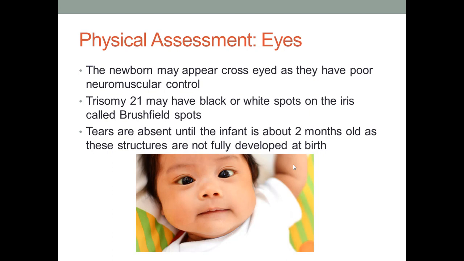These are called Brushfield spots, and they are common to trisomy 21 or Down syndrome. But babies don't have any tears until about 2 months old, just because those structures are not developed. So don't expect to see tears in a newborn baby.